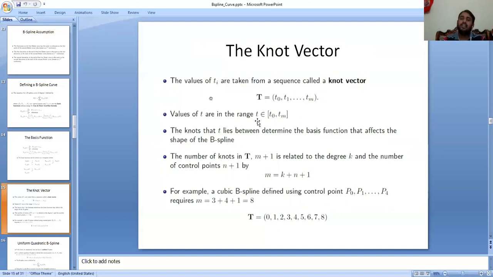So the value of t will vary from t_0 to t_m. The knots that t lies between determine the basis functions that affect the shape of the B-spline. Whatever the values are in the knots, they will affect the B-spline.